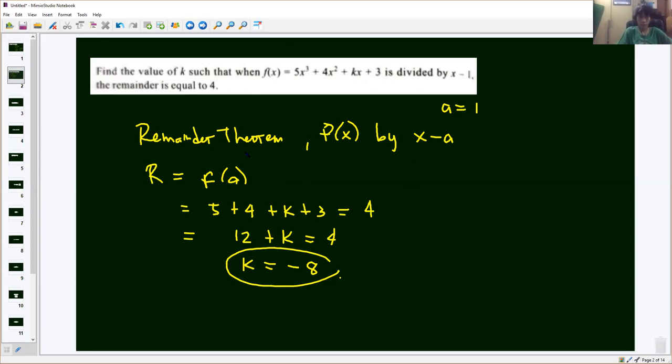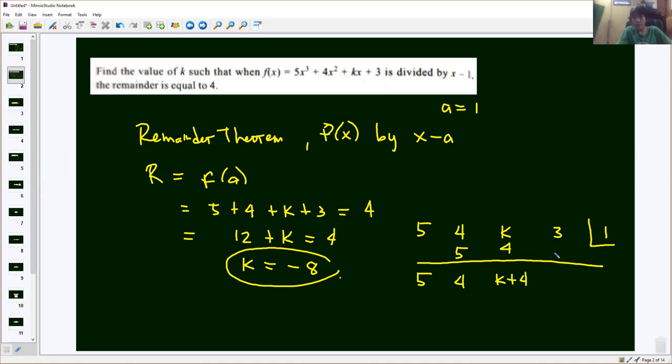So recall your remainder theorem. If you can't recall it, you can divide using synthetic division. 5 times 1 is 5, 4 times 1 is 4, add k plus 4, then add k plus 7. Is that right? Parang may mali.